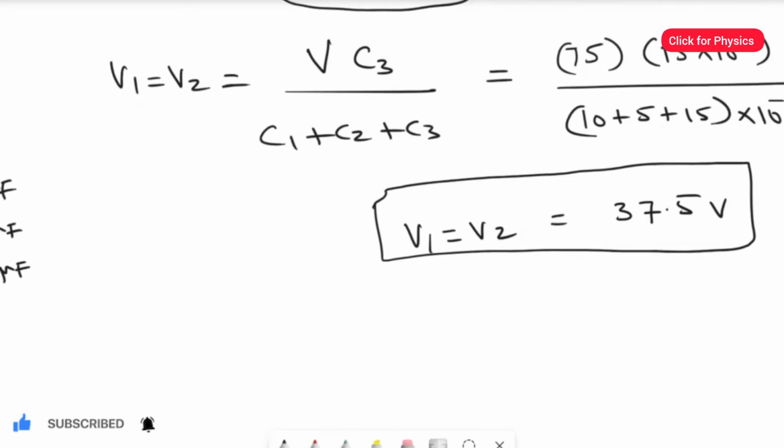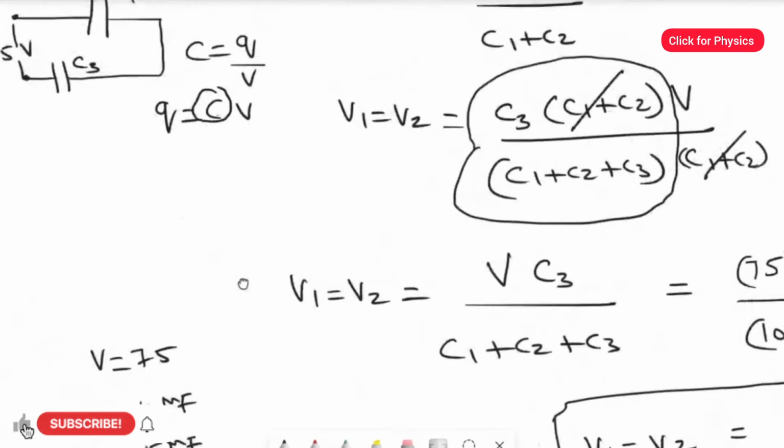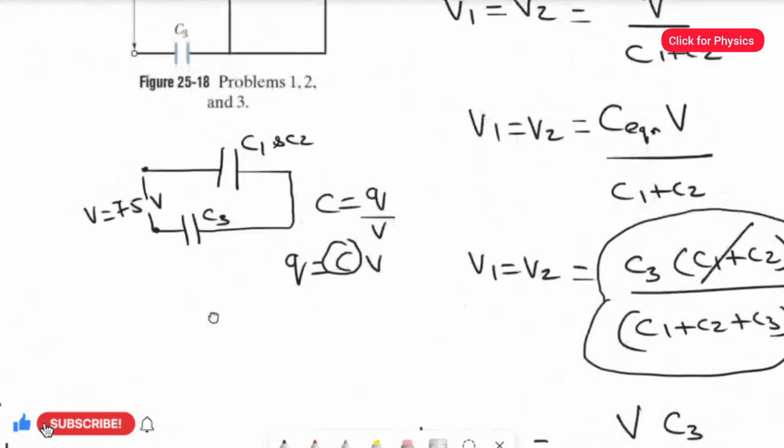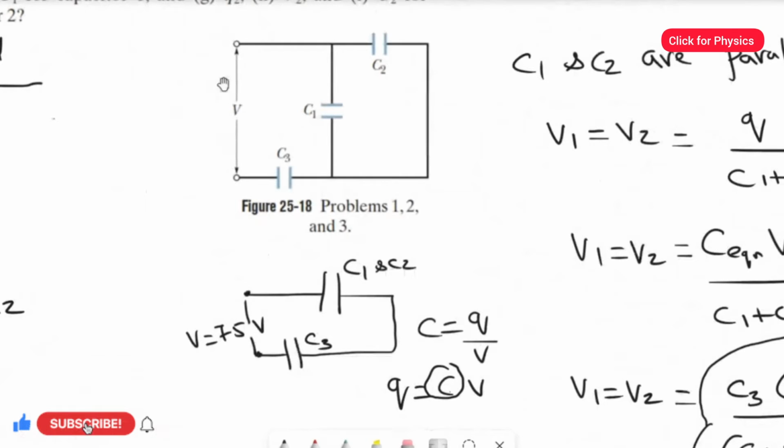Now we have to find the answer for V3. So we have to go back to the circuit diagram. For V3, the voltage across C3 plus the voltage across the other two, because these two capacitors are in parallel. So the potential across C1 and C2 will be the same.